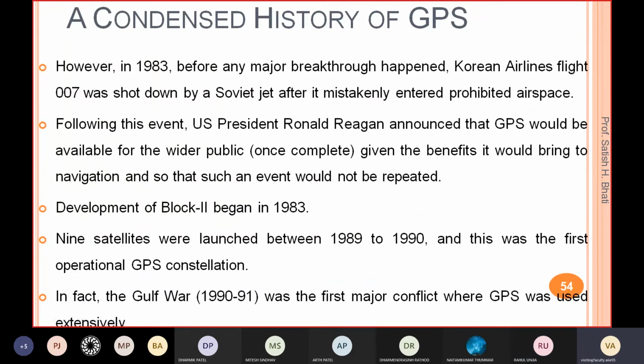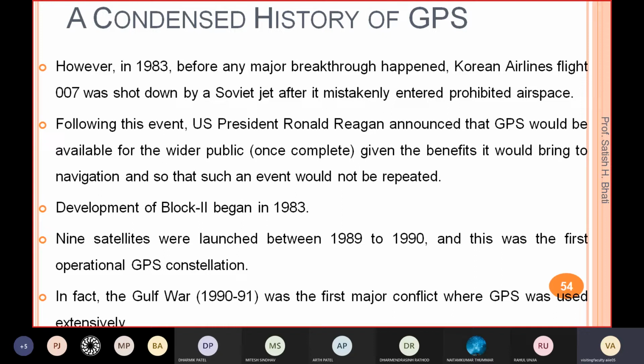However, in 1983, before some new technology or success came to the picture, one incident happened: Korean Airlines flight 007 was shot down by the Russians after it mistakenly entered prohibited airspace.